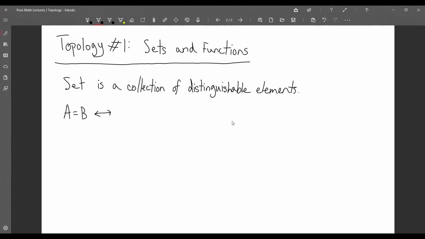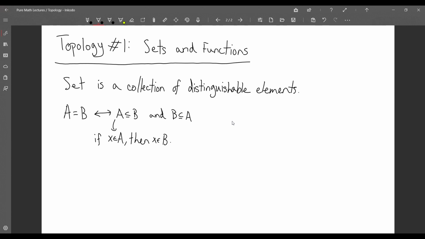It says that A equals B if and only if A is a subset of B and B is a subset of A. Now a subset just means that if X is any element of A, so if X is in A, then X is in B. That's all this statement is saying. It's just a logical statement relating the elements of A and the elements of B, because we're dealing with sets, which are just collections of elements.